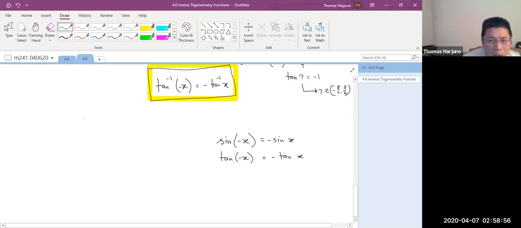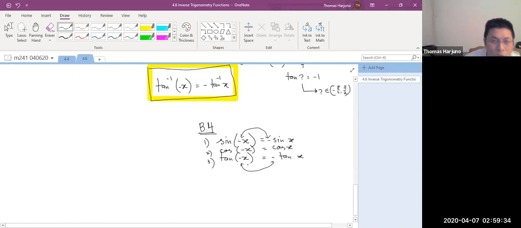And I think this should be identity number 4. And this is 1. The second one is cosine of negative x equals cosine x, while tangent of negative x is negative tangent x. Okay, so you see that sine and tangent, you can pull the negative out.